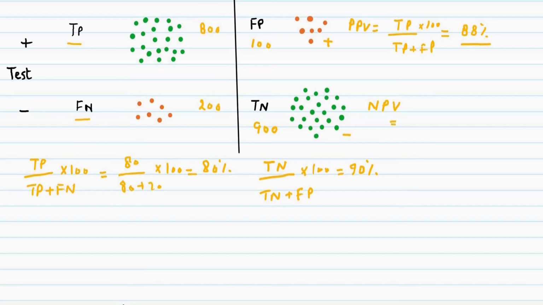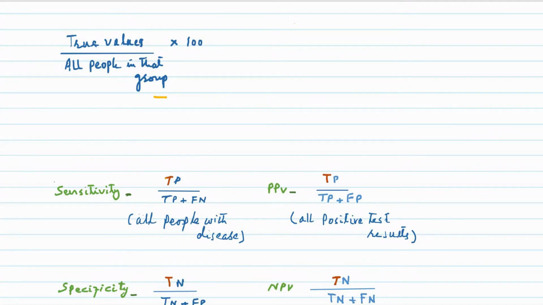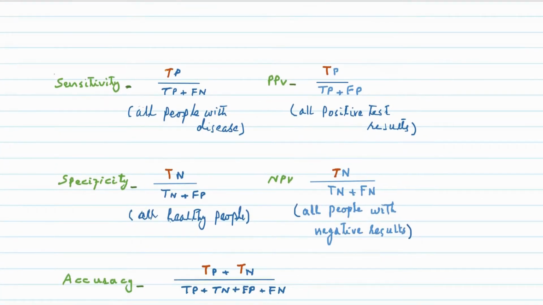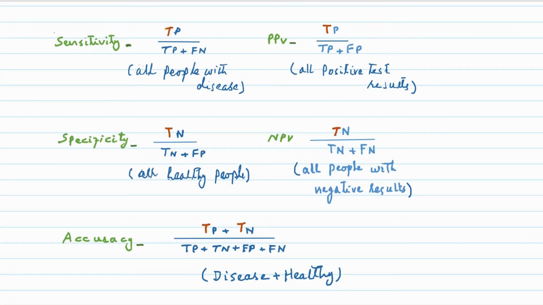The formula is similar: true negative results divided by all people with negative results, true negative plus false negative, and this turns out to be 81%. So if the test result is negative, it means an 81% chance of the person being healthy and the result being true negative. As we have seen, all these test characteristics have the same overall general formula, and that's true results divided by all people in that group.